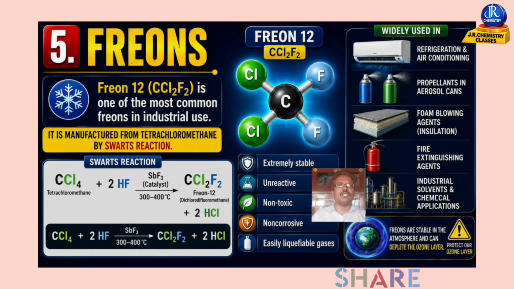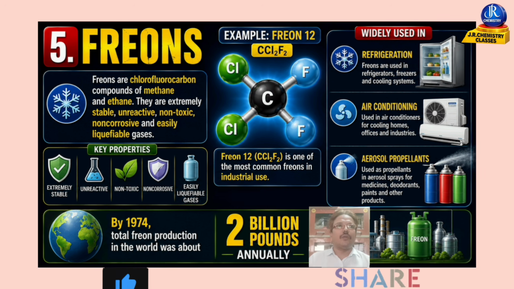It is manufactured from tetrachloromethane by the Swarts reaction. These are usually produced for aerosol propellants, refrigeration, and air conditioning purposes. By 1974, total Freon production in the world was about 2 billion pounds annually.